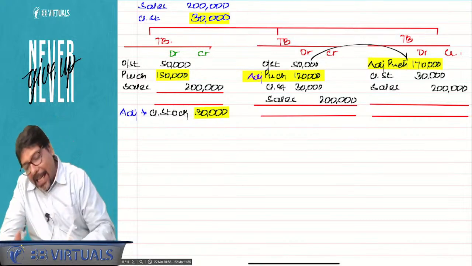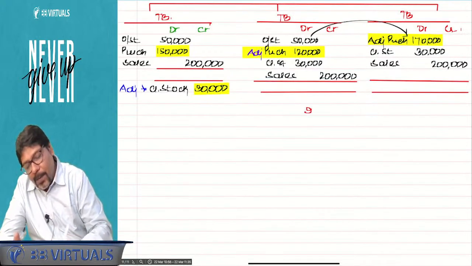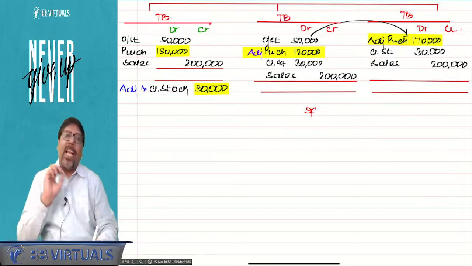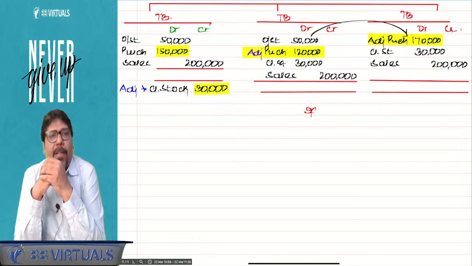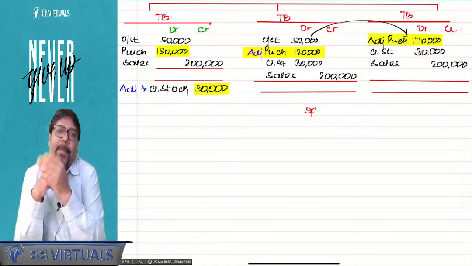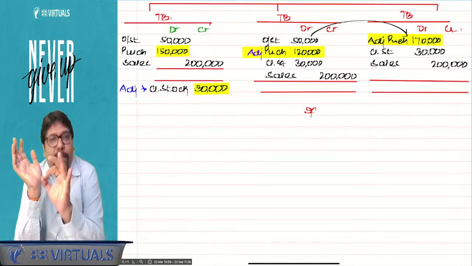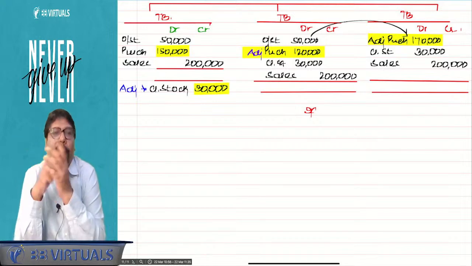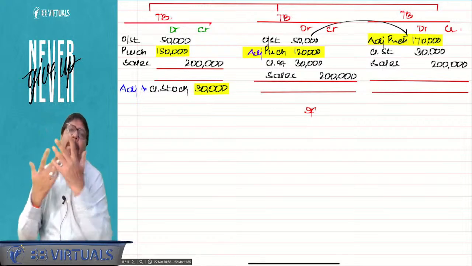Very good. Now chartered, if in trial balance adjusted purchase is given, then that adjusted purchase's formula is purchase minus closing stock, or purchase minus closing stock plus opening stock? That depends.